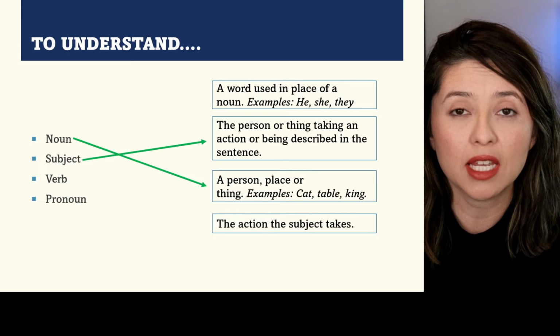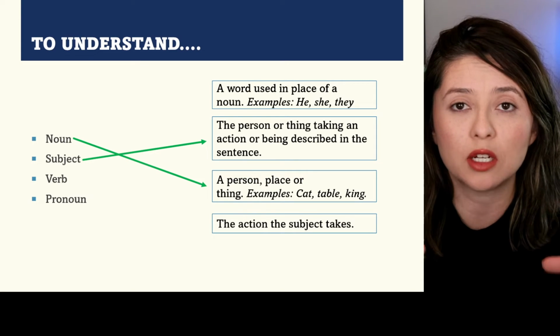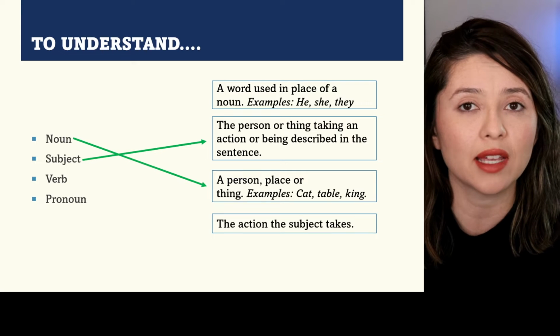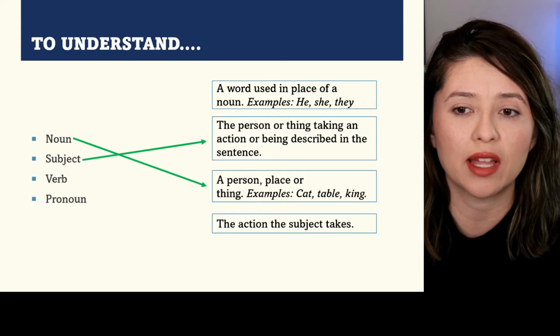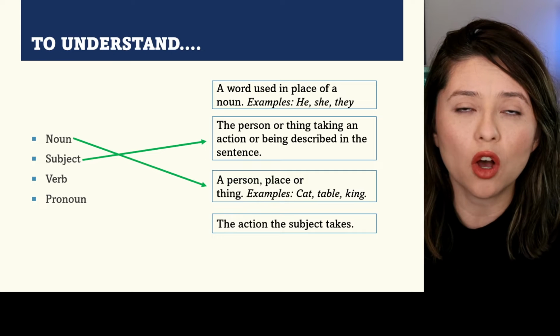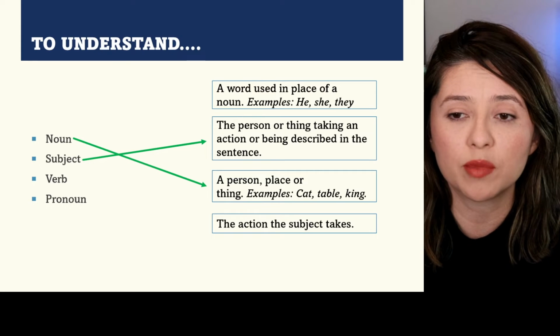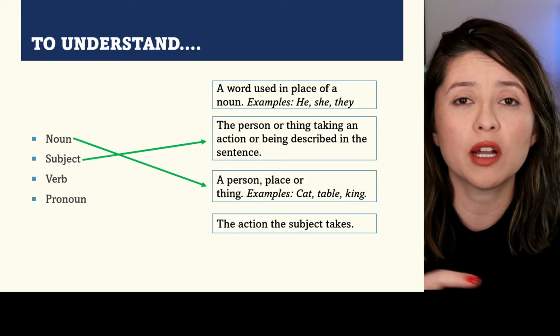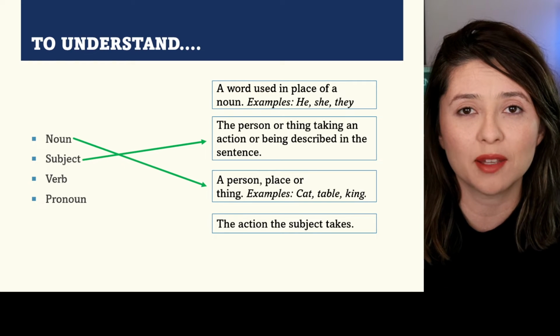A subject is the person or the thing in your sentence that is taking the action, that is producing the action, and also the one that is being described. So the subject pretty much is the star of your sentence, the main character.